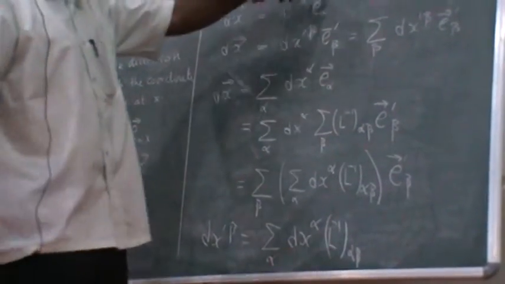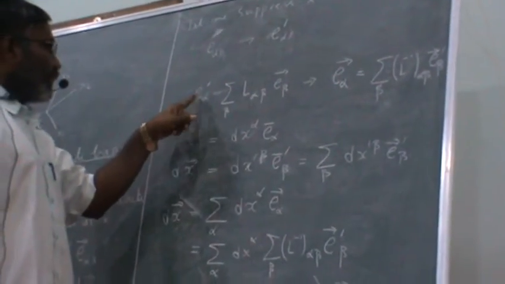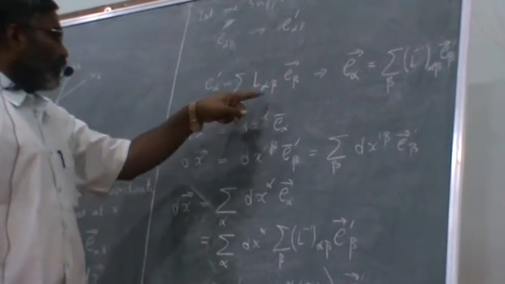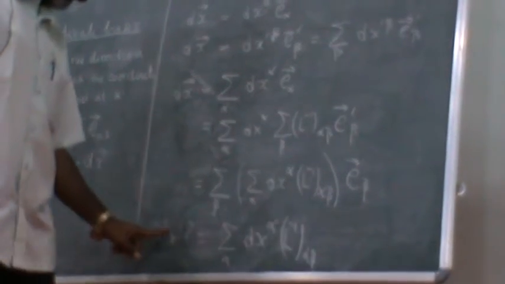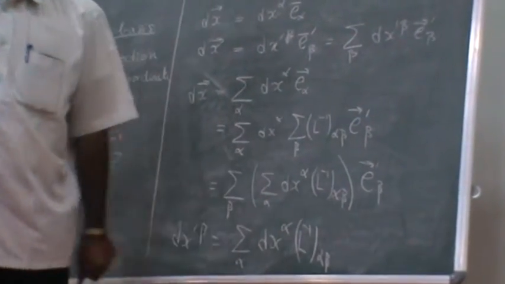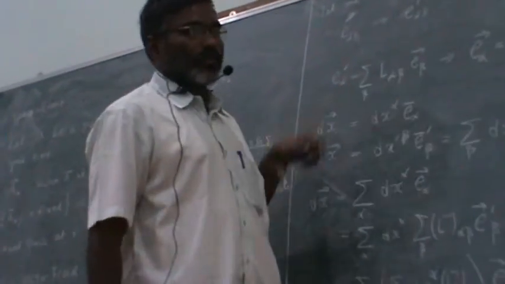So if E beta goes to E alpha through the L matrix, dx alpha will go into dx prime alpha through the L inverse matrix. That is, the components get transformed by the inverse of the matrix that transforms the basis vectors.